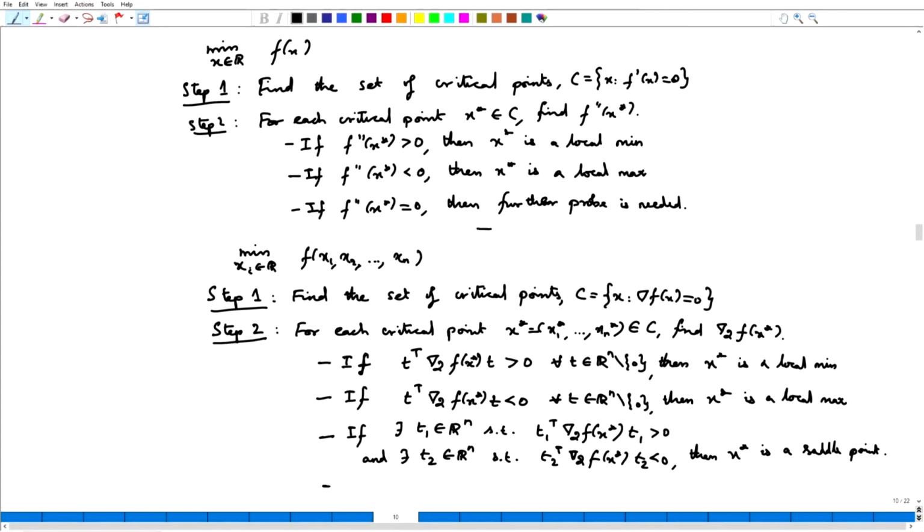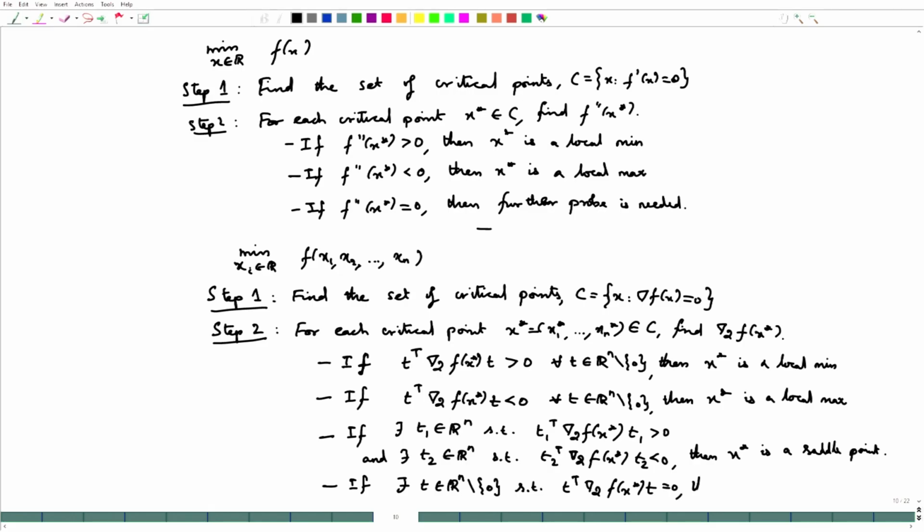If there exists a non-zero T in Rn such that T transpose del 2 f of x star T is equal to 0, then further probe is needed.